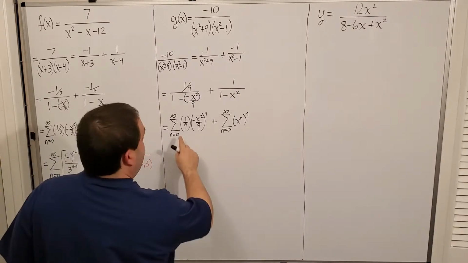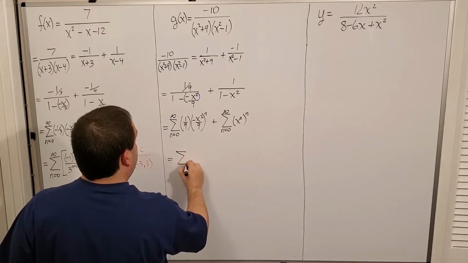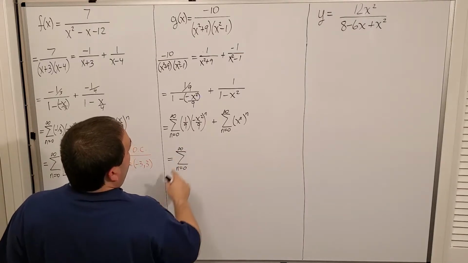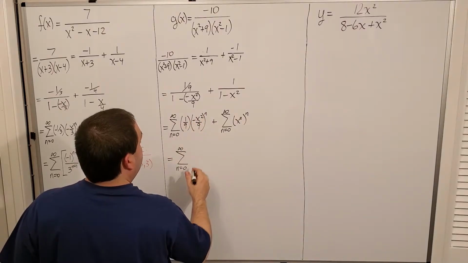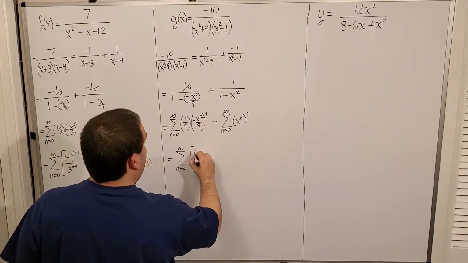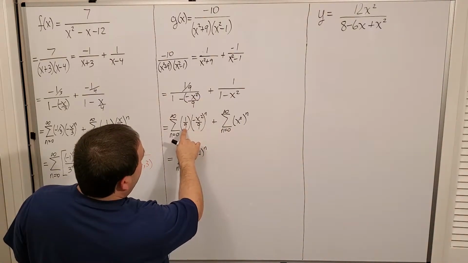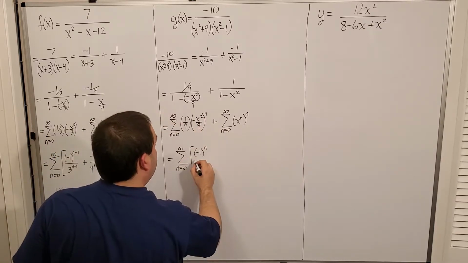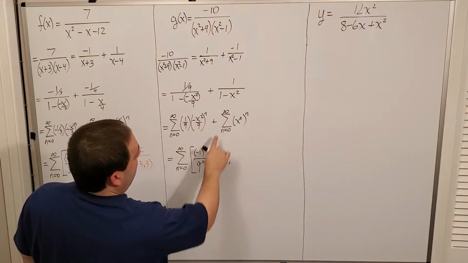So let's consolidate these a little bit now into one power series. I'm going to have one big sigma, 0 to infinity. I've got a negative 1 to the n power. Okay, so here's my bracket. I've got negative 1 to the n. In my denominator, I have 9 to the n plus 1 more, so 9 to the n plus 1.